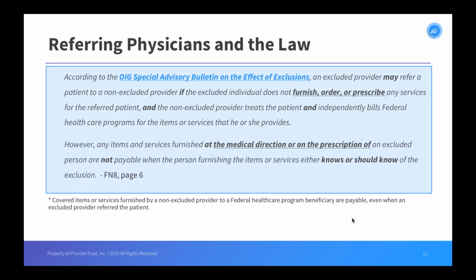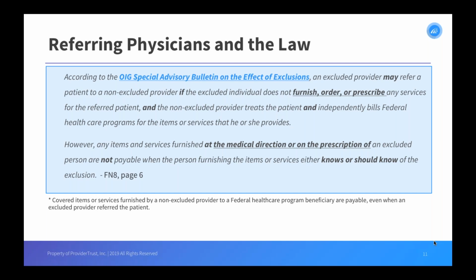Let's take an example of a referring physician in a rural community. Say that this referring physician does not have privileges and is not otherwise credentialed by your organization, and yet they find a patient that needs services at your hospital or your surgery center or dialysis clinic. What this is saying is that the fact that that physician is excluded in and of itself does not prevent you from receiving that patient, as long as that is the end of the rope for that physician.